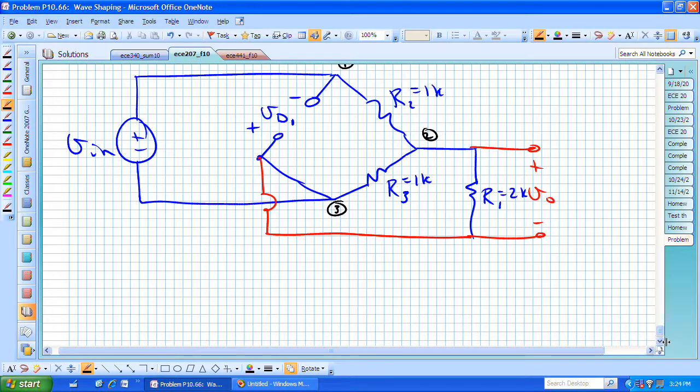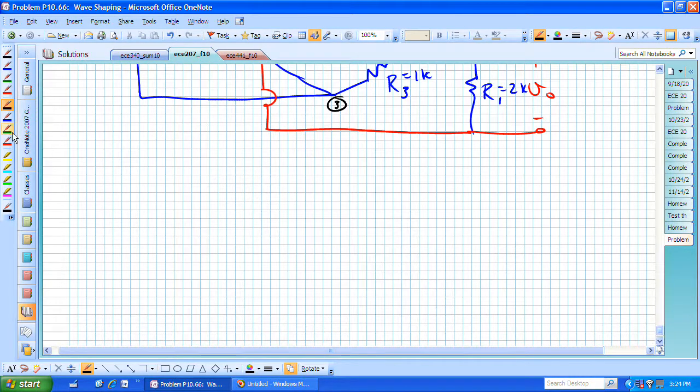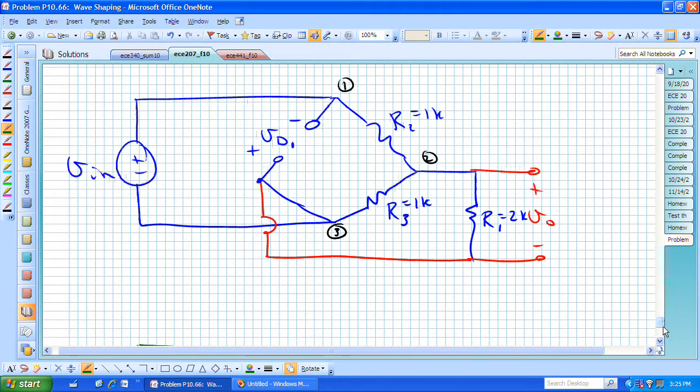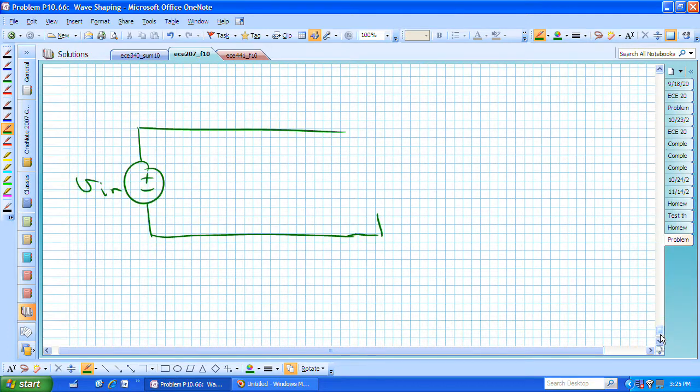So we have terminals 1 and 3 across our input voltage Vn. Here's 1 and here's 3. 3 is also connected with R sub 3, and R sub 3 is connected to terminal 2, or node 2. This is R sub 3. Here's 3. Here's 2.